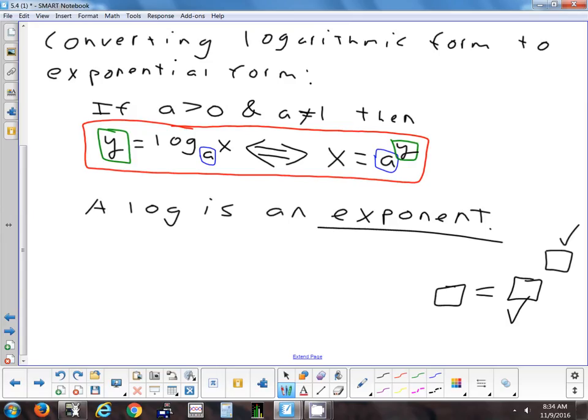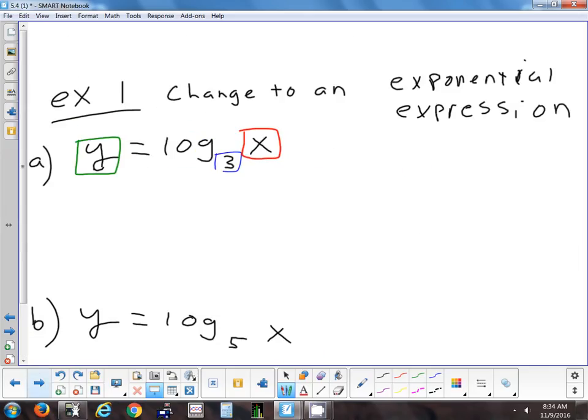All right, so let's practice changing a few of those. There are three things, and when I rewrite it, you have three spots. Let's start with the base. What's the base on my log? 3, and that's going to be the base when I write it as an exponential.